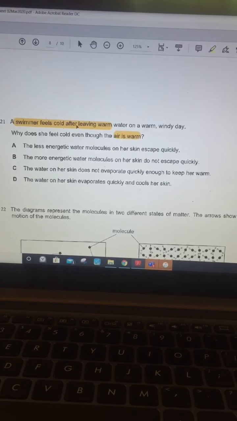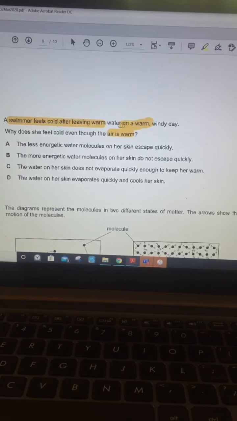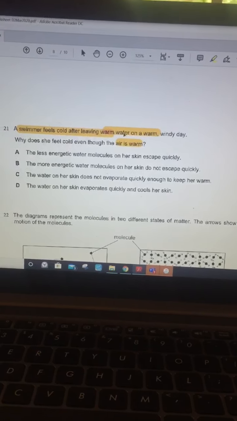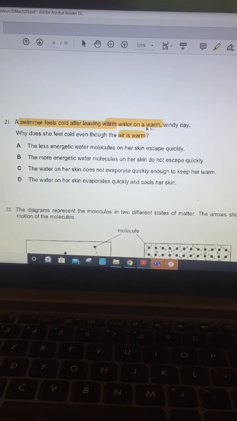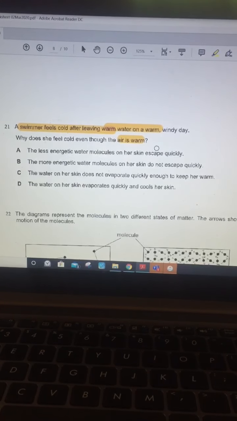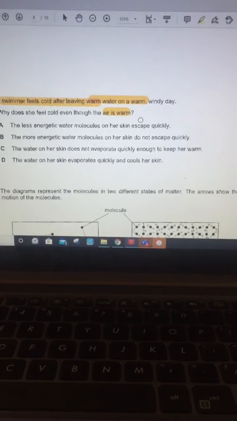Leaving warm water, in the sense not hot water, but normal temperature water, and the air is also normal temperature, but she feels cold because of what happens next.